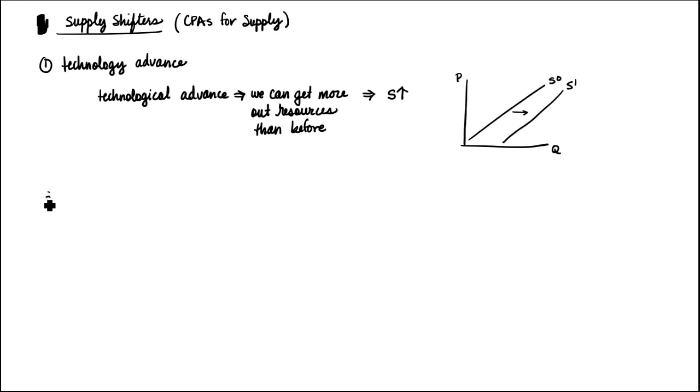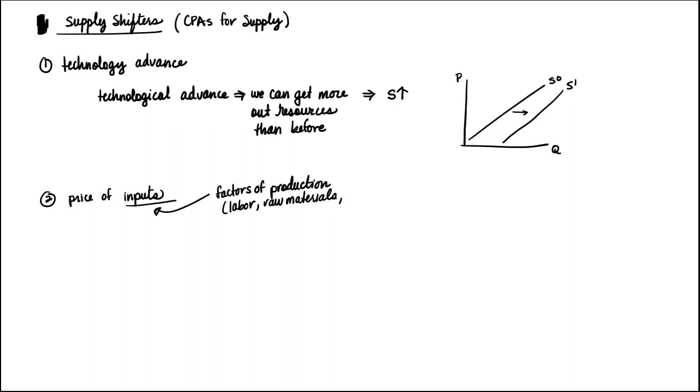Number 2, also a pretty easy one, price of inputs. Inputs are our factors of production. So inputs are those things that we use to produce. It could be things like labor, it could be raw materials, it could be capital.